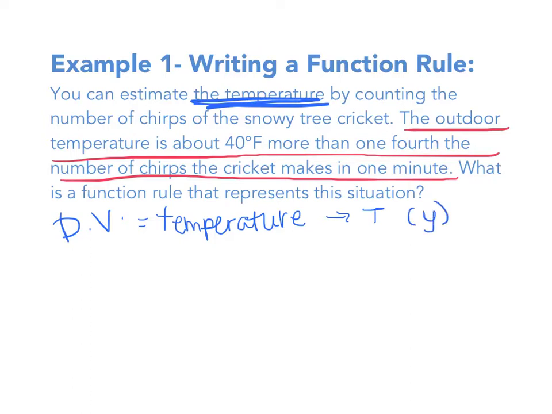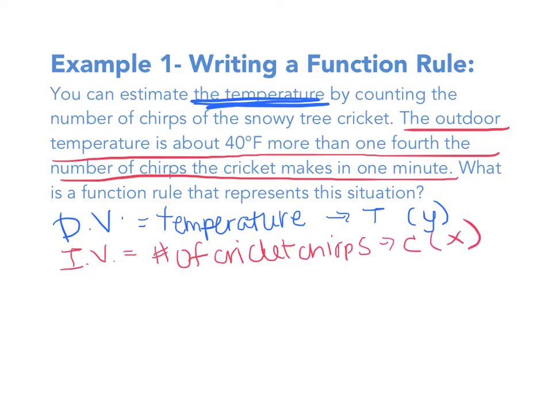And then my independent value, the one that we're counting, that we can control, is the number of chirps the cricket makes. So number of cricket chirps, and I'm going to make that a C. But I'm also going to put an X in parentheses to show you how that correlates.